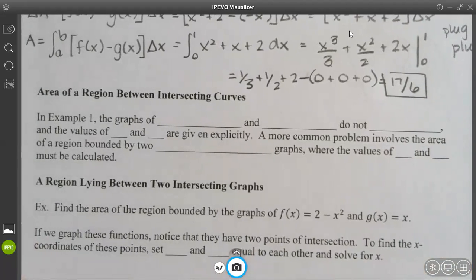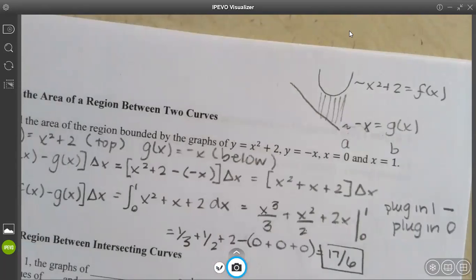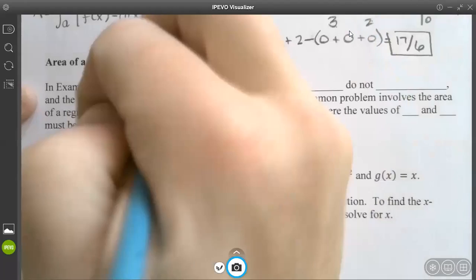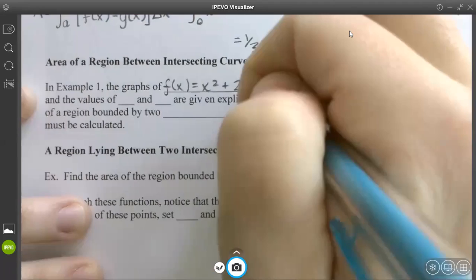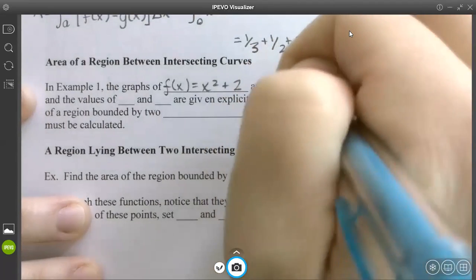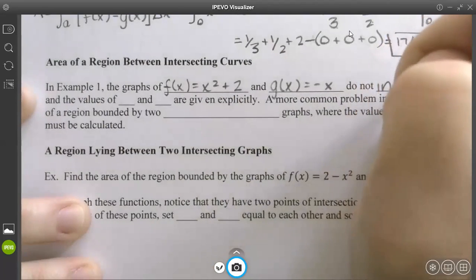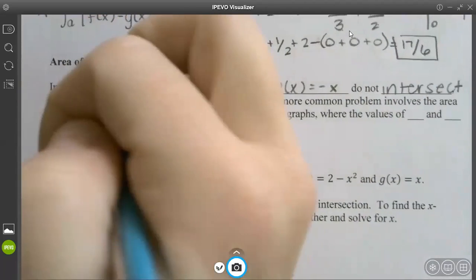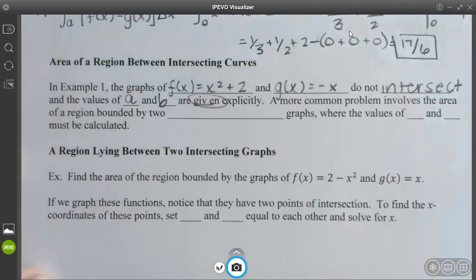So, area of a region between intersecting curves. These didn't intersect. The ones in the beginning of the notes did. So now we're going to do intersecting curves. In example 1, the graphs of f of x equals x squared plus 2 and g of x equals negative x do not intersect, and the values of a and b are given explicitly.